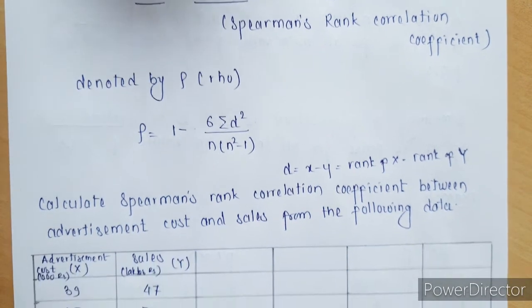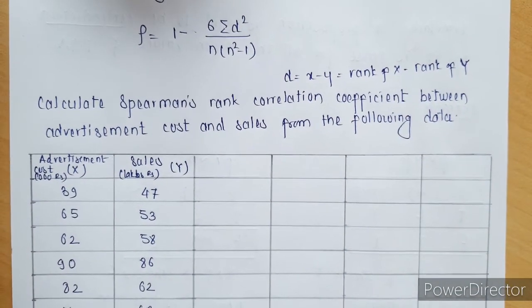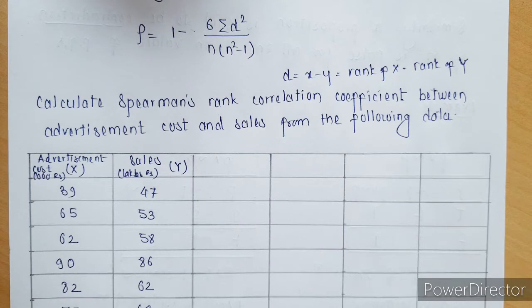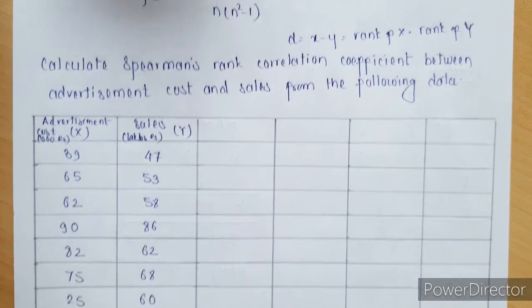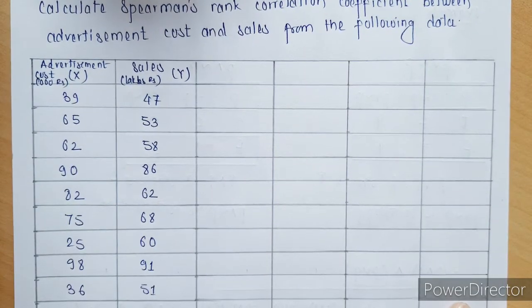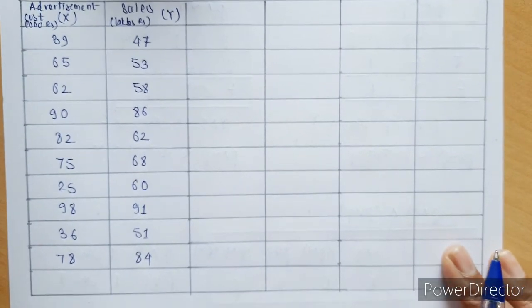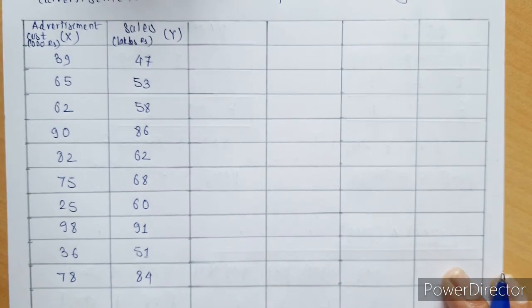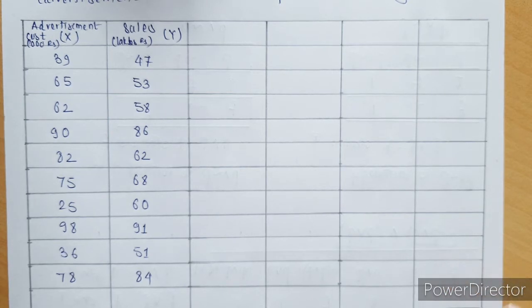Now, let's look at one example. Here we have to calculate Spearman's rank correlation coefficient between advertisement cost and sales. These are the 10 values given of advertisement cost and sales. Since we are finding Spearman's rank correlation coefficient, the first thing is to find ranks.